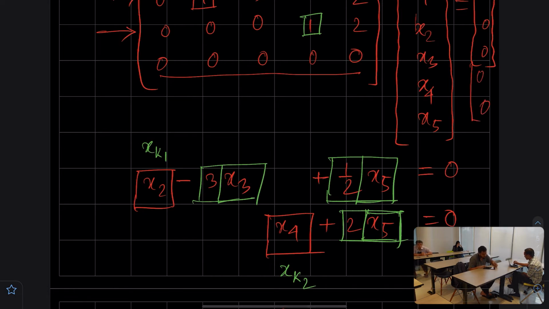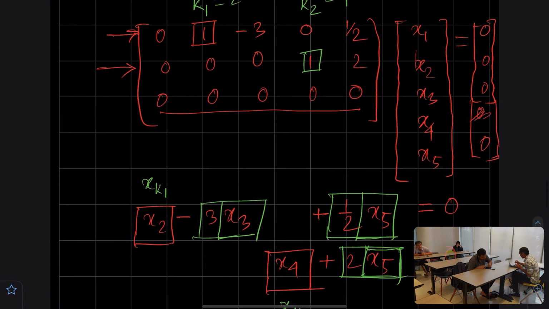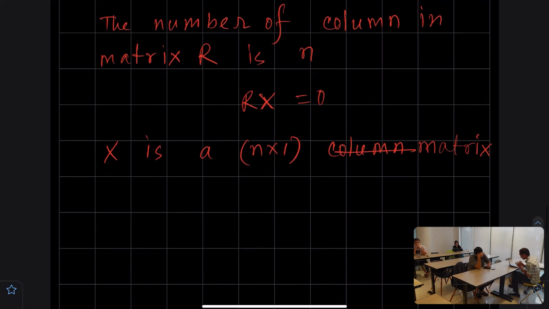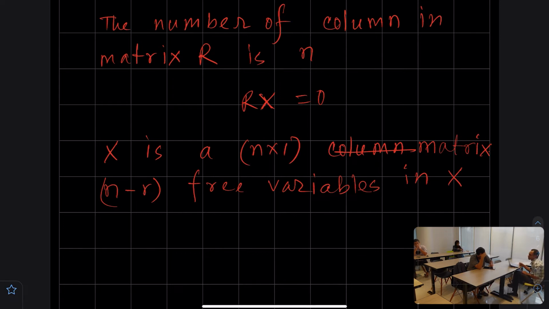Sorry, I think you were right before. So that means there is a possibility of n minus r free variables in x, right?